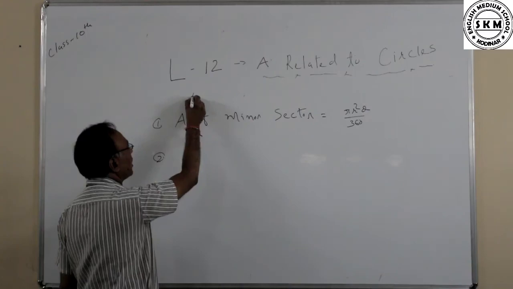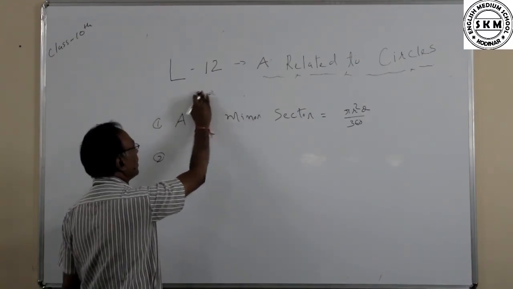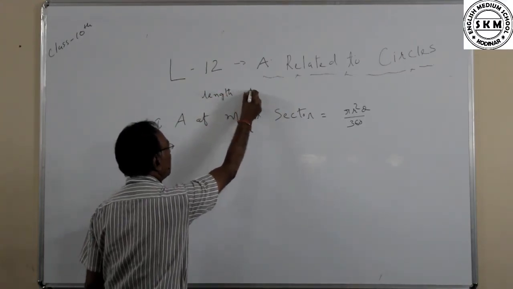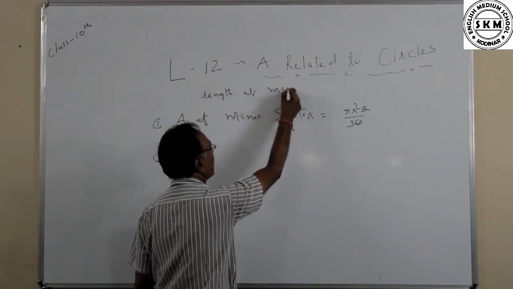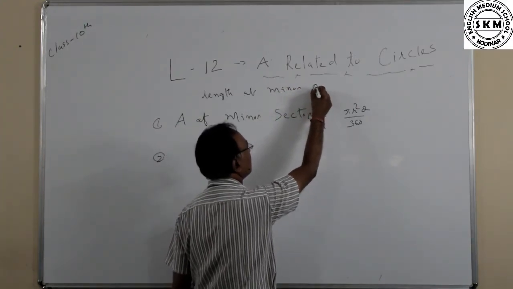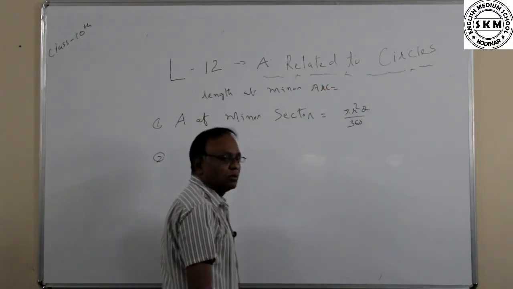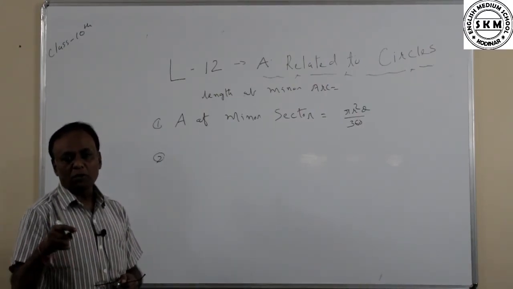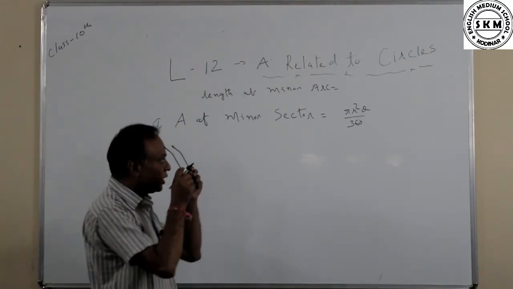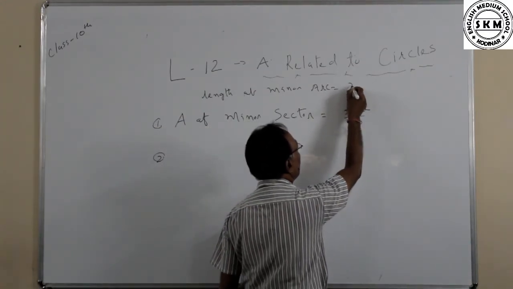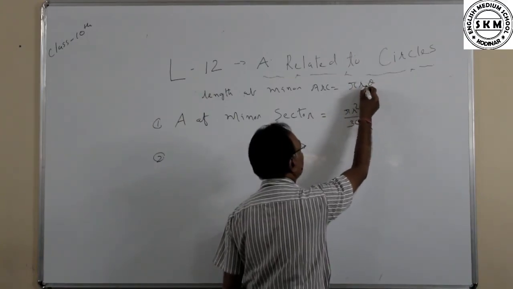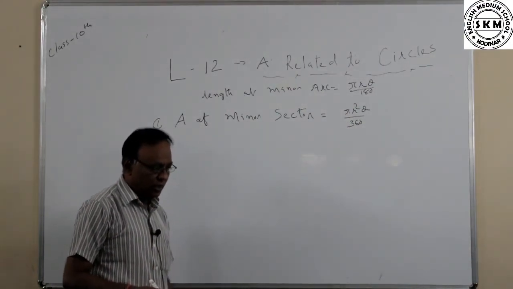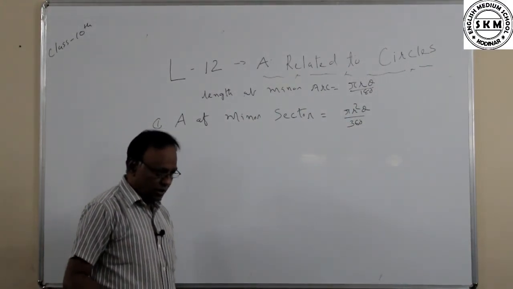Now the second one. Length of minor arc is equal to, we want to find the length of the arc, pi r theta upon 180. Pi r theta upon 180.